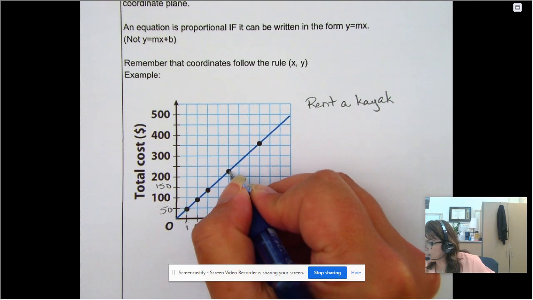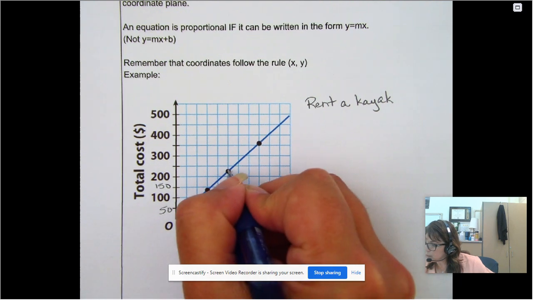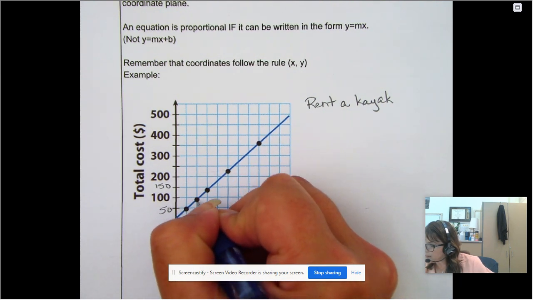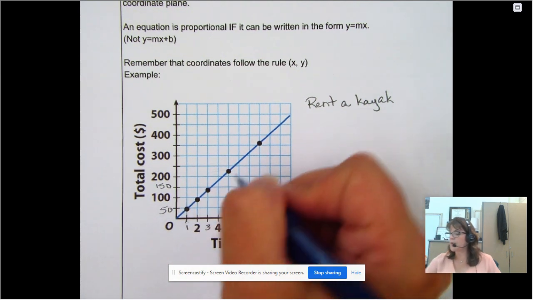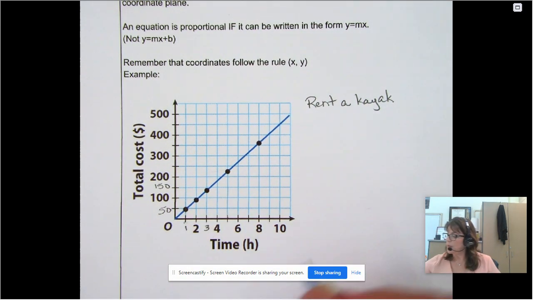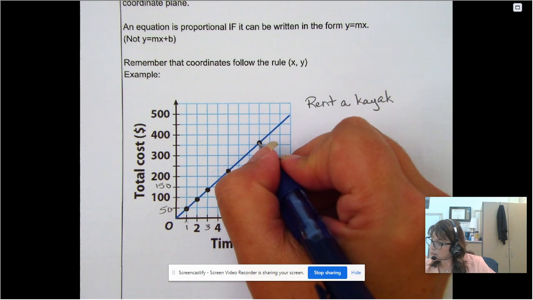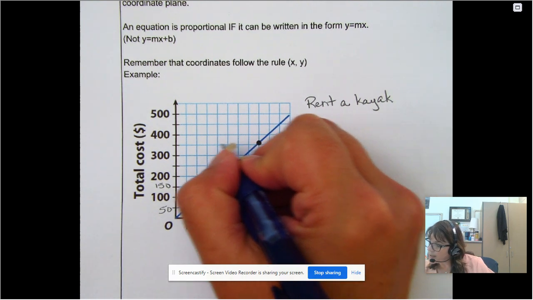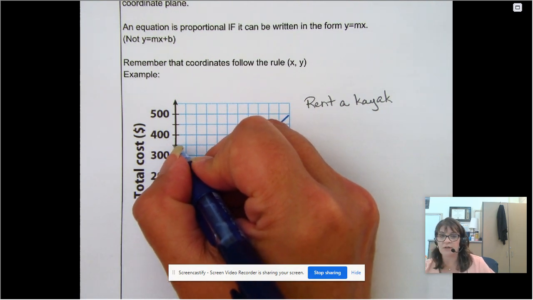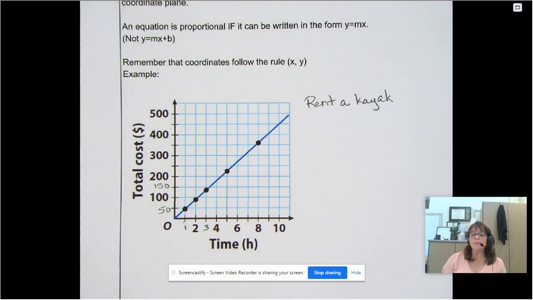We get here to 5 hours, and it shifts a little bit. Now, 8 hours, right about $350. And it may be that it's not a direct correlation. We might have a fractional thing, that the longer we rent it, like if we rent it for a whole day, we save a little bit.